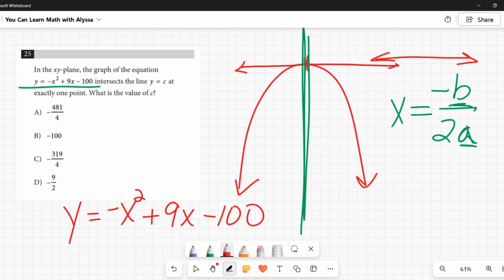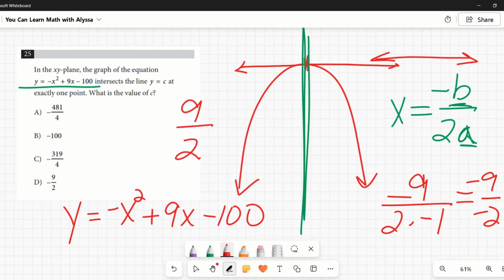So negative b over 2a, that negative means the opposite, not just make it a negative, but here it is a positive 9 is b, so the opposite of that would be negative 9. And my a is a negative 1, so 2 times negative 1. So negative 9 over 2 times negative 1 is negative 2, so negative 9 over negative 2, or just 9 halves, because those negatives cancel out.